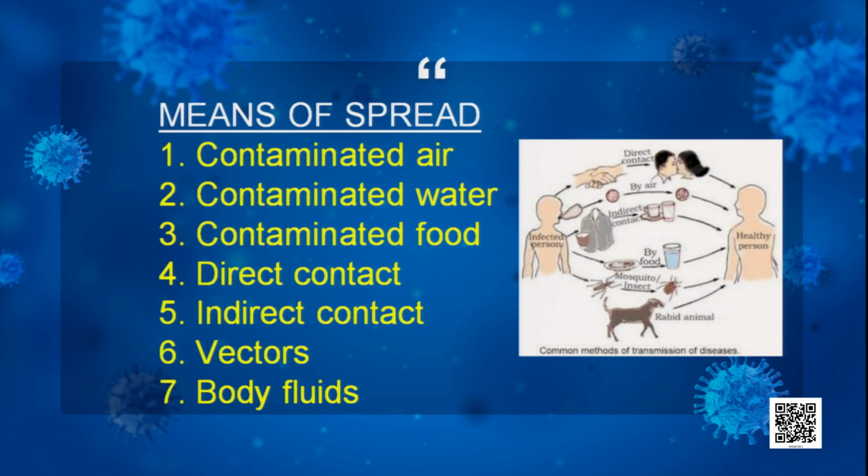Then another means is body fluids. You know, blood. During blood transfusion, great care and precautions should be taken. Why? Because when a donor is donating blood to a recipient, the donor may have some infective agent. Suppose the donor has the HIV virus and himself does not know that he has AIDS.